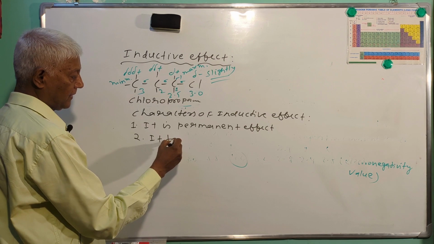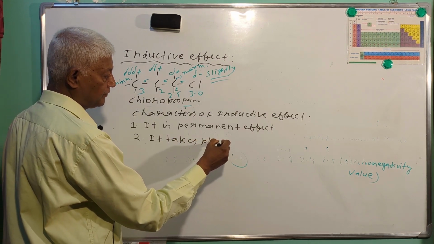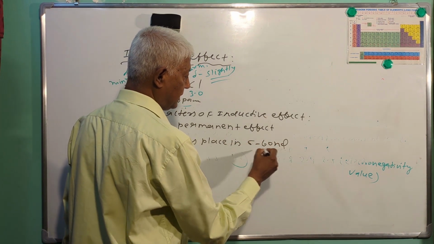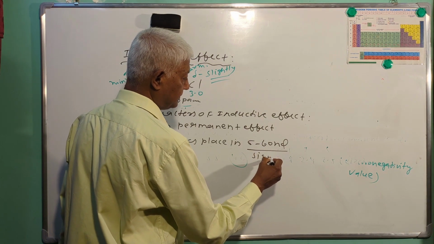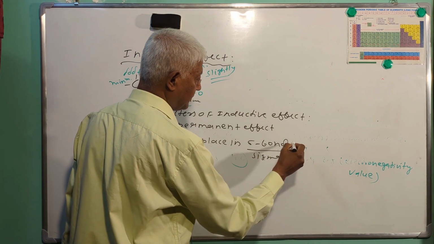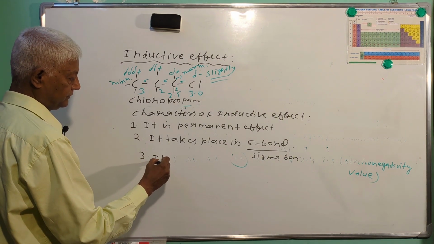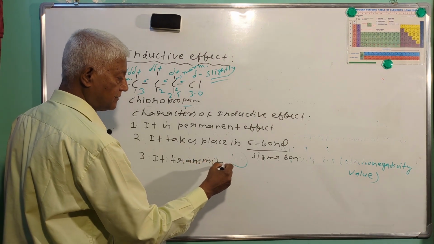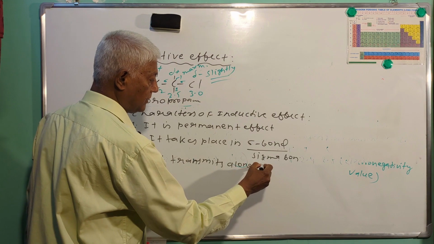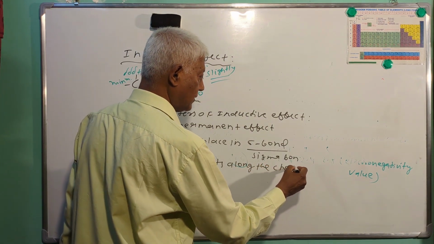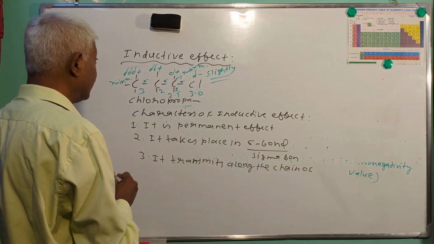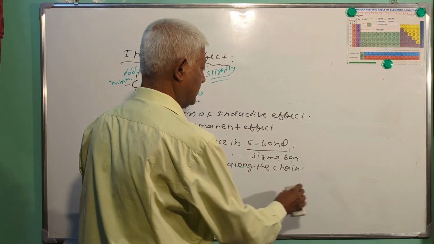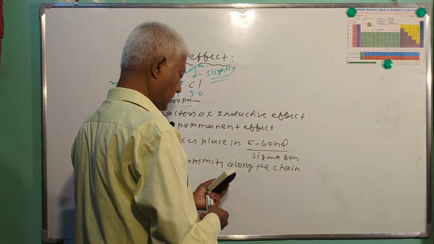Second, it takes place in sigma bond, that is sigma bond. Third, it transmits along the chain of carbon atoms.